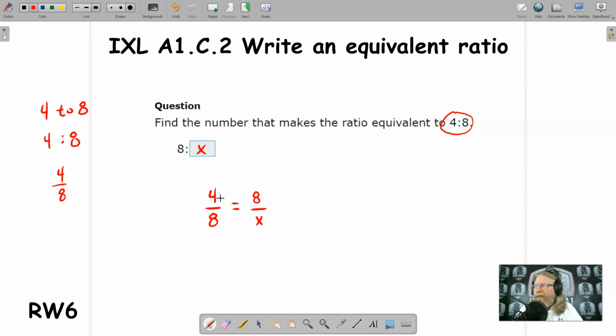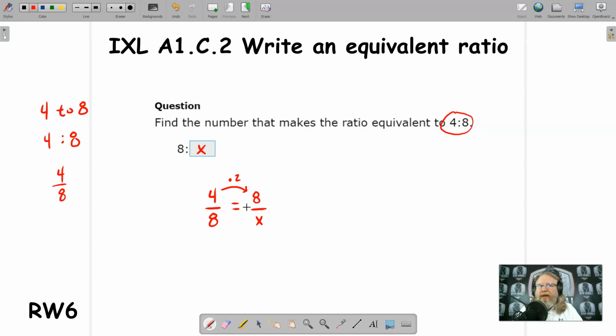So we need to determine what is happening to the two numbers that we're given that are in the same position. Here we have both numerators. We're missing a denominator. So to get from 4 to 8, let's think multiplication or division. What do we do to 4 to get to 8? You say, well, you add 4. Let's think in terms of either multiplying or dividing. So 4 times some number equals 8, and that number's 2.